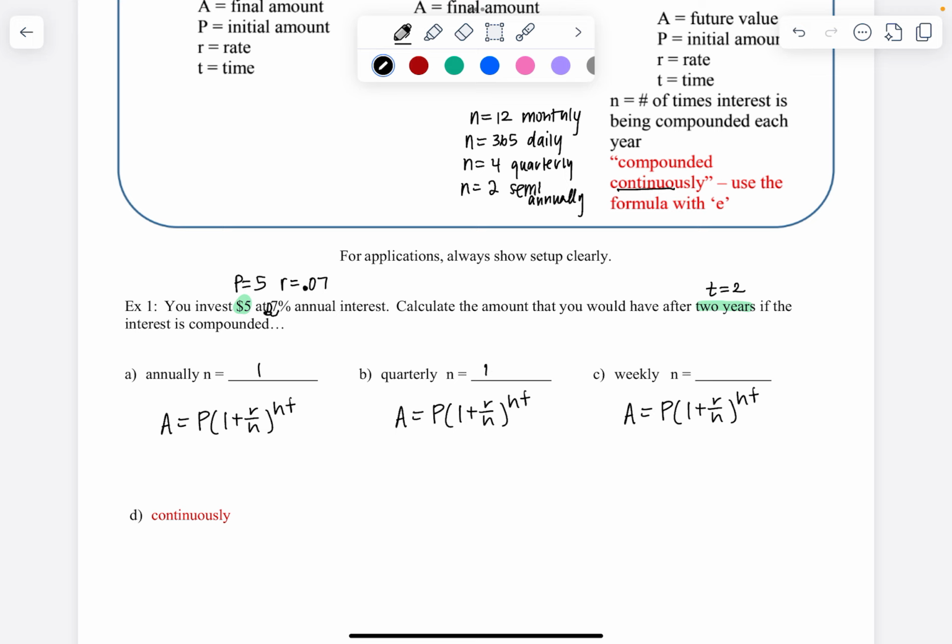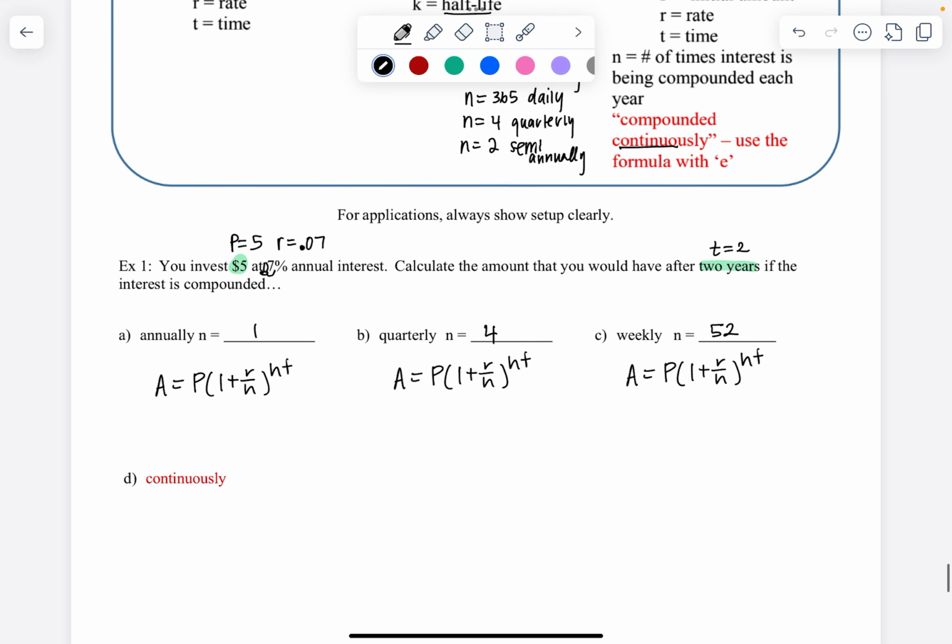N is 1, N is 4, N is 52 for weekly. And so in each of our formulas, P is going to be 5, and R is going to be 0.07. In this case, N is 1, and T is going to be 2.